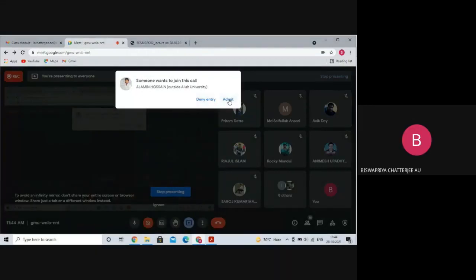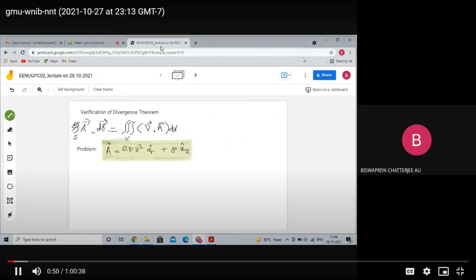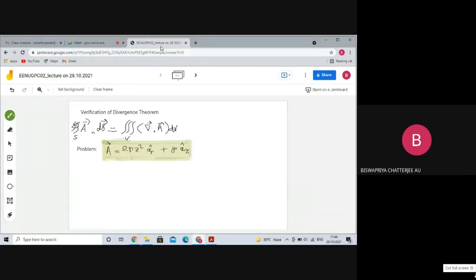So, last day I ended my lecture with the statement of verification of the divergence theorem. If a vector A is there, any vector of any type, then the left hand side is the surface integral of that vector around a closed surface, A dot ds.